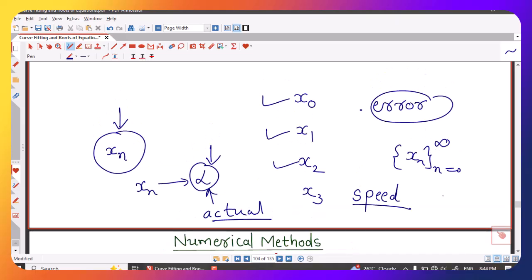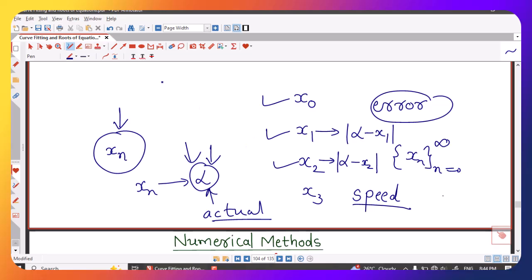For example, if we are interested in the error in the first iteration, then we will measure the distance between the actual root and the approximation at that iteration. Similarly, at the second iteration we will find the absolute value of the difference between the actual root and the approximate root.